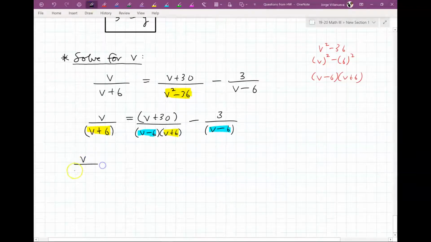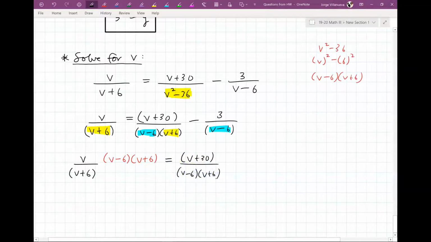So V over V plus 6 times V minus 6, V plus 6 equals V plus 30 over V minus 6, V plus 6 times V minus 6, V plus 6, minus 3 over V minus 6 times V minus 6, V plus 6.